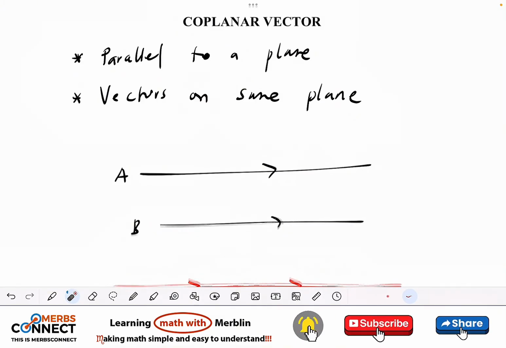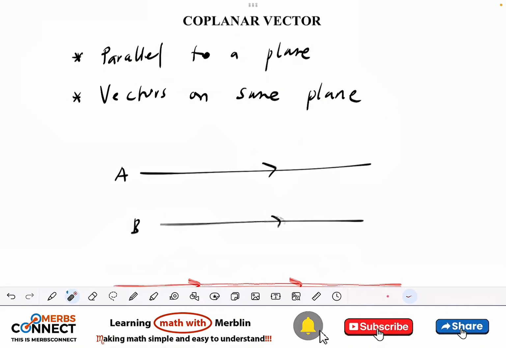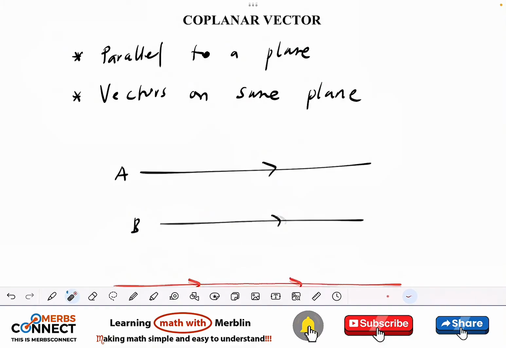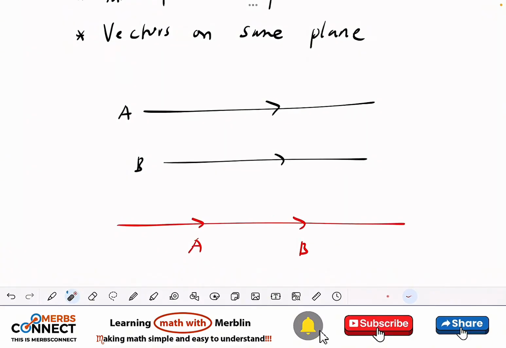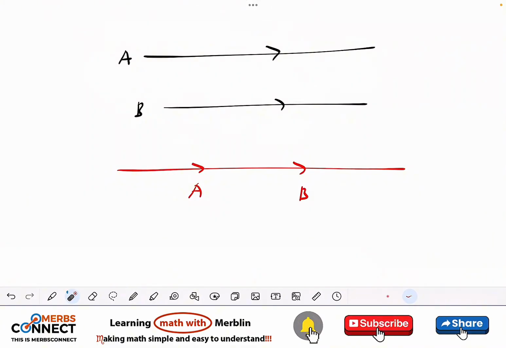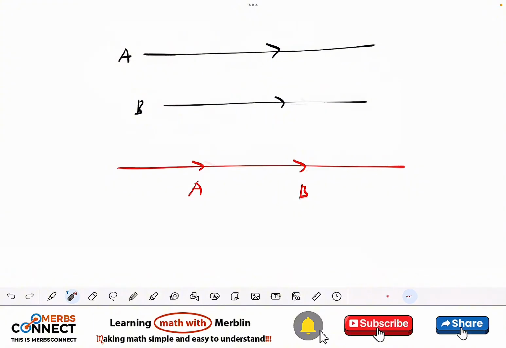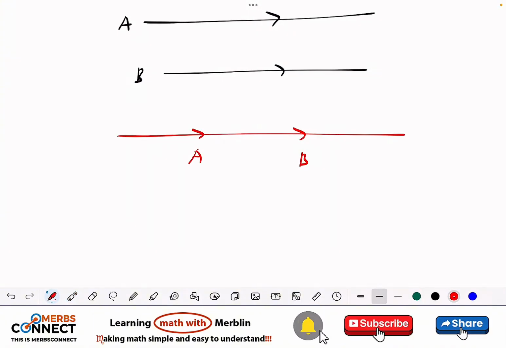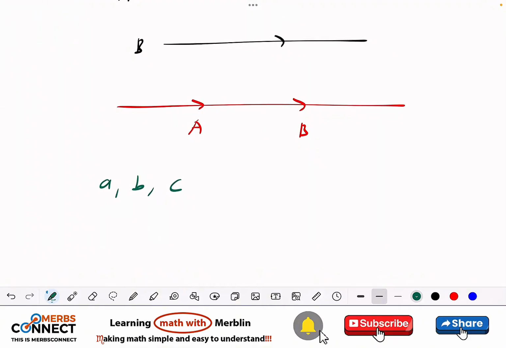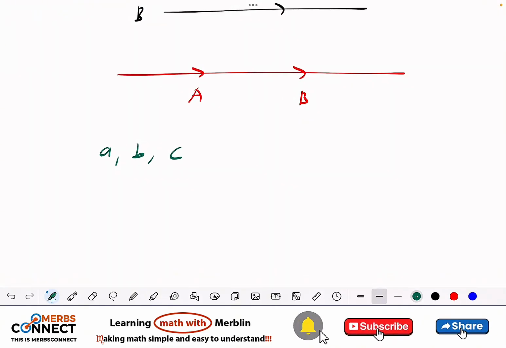Now let's assume that we have three vectors, let's say A, B, and C, and they are coplanar to each other. Anytime three vectors are coplanar, then we can write one of them as a linear combination of the others.